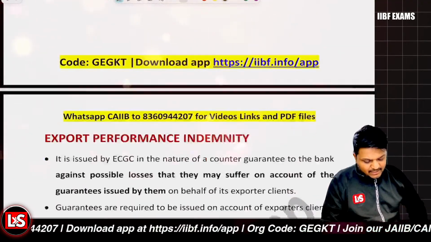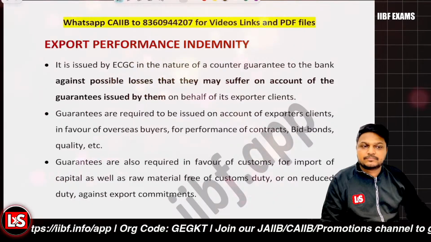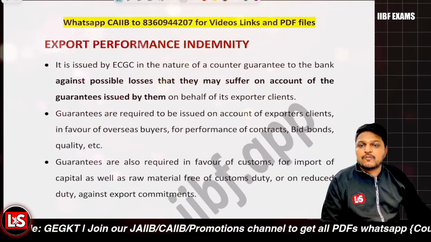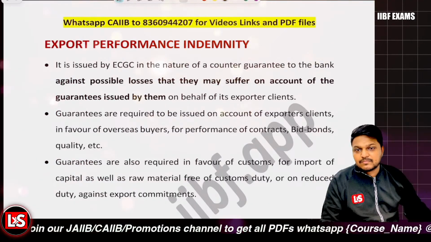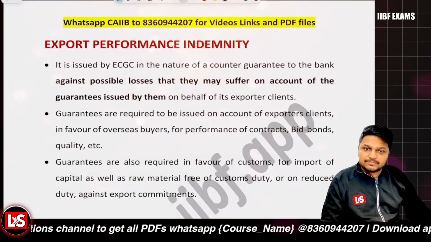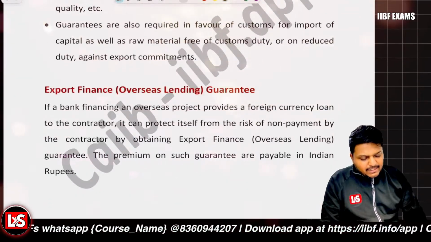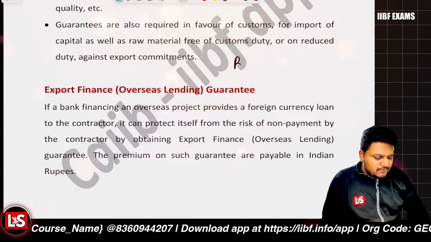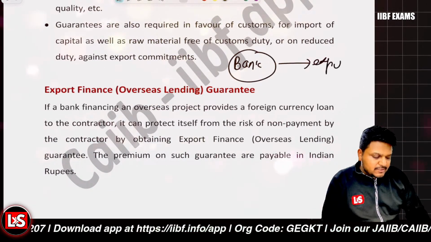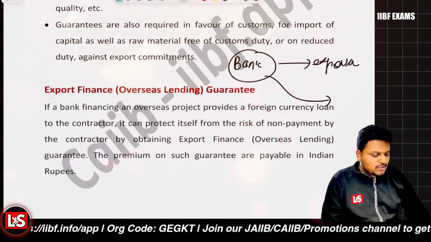Clear? And after that, it's related to the export performance indemnity. It's basically a counter guarantee to the bank. Now, what is a counter guarantee? Let's say a guarantee has been issued by a bank on behalf of the exporter, given to the importer.